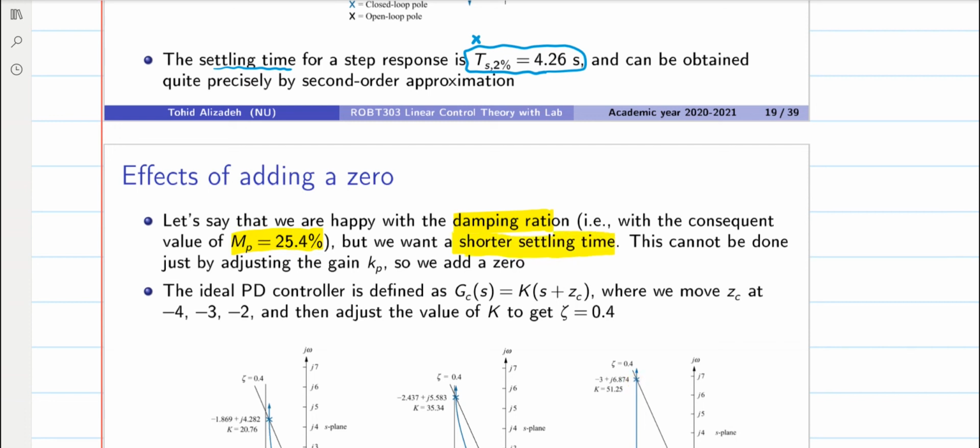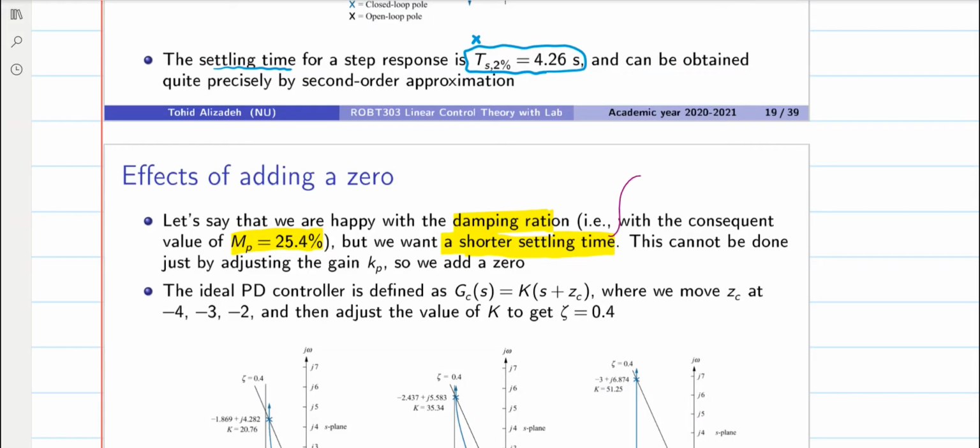And if you keep in mind what we had for the settling time, it is proportional to 1 over zeta omega n. So if we want to make the settling time smaller, we need to increase the value for zeta omega n.